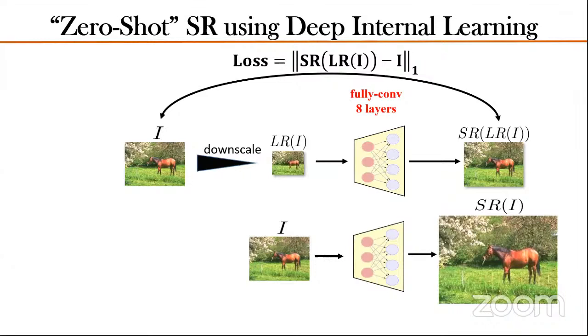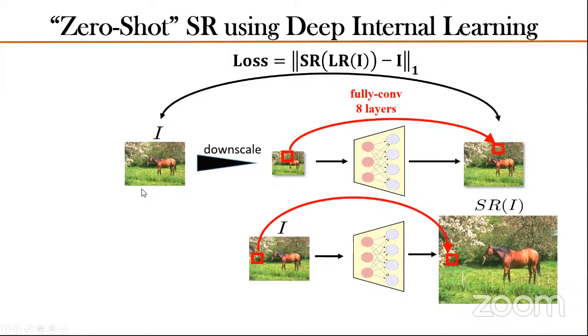But in the training stage, what was the downscale filter that you used? How was it selected? Is it something specific or like a standard MATLAB one?